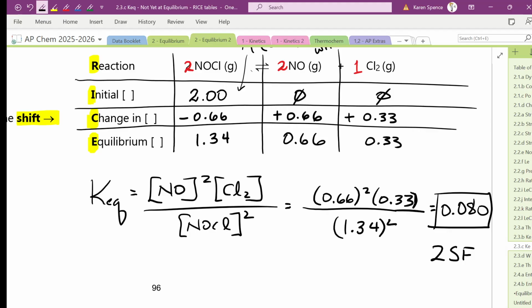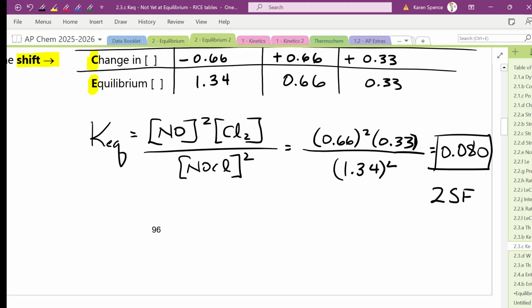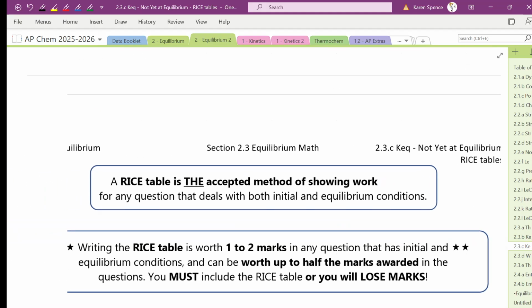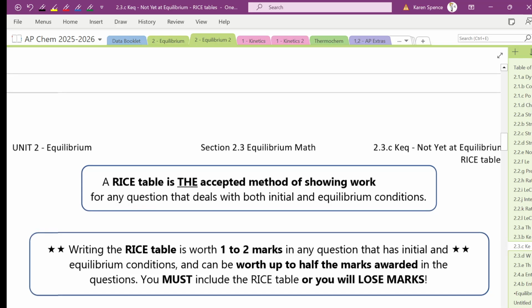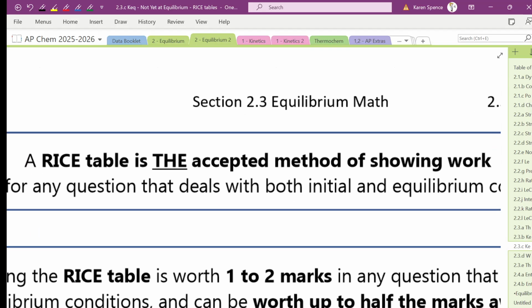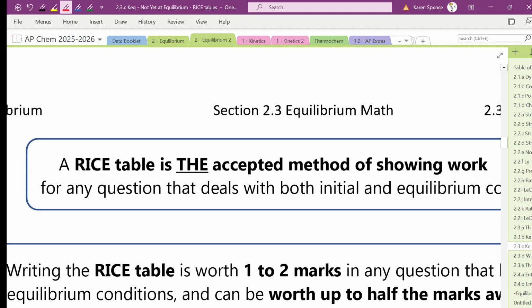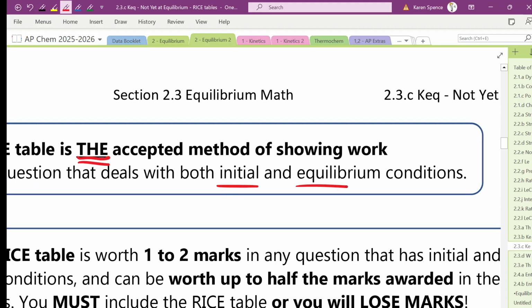Okay, so we're going to do another example, quite similar to this one. Oh, but before we do, I'm going to point out to you that a rice table is the accepted method of showing work for these situations where you have initial and equilibrium. So any situation where you have initial and equilibrium conditions, you should be showing a rice table.